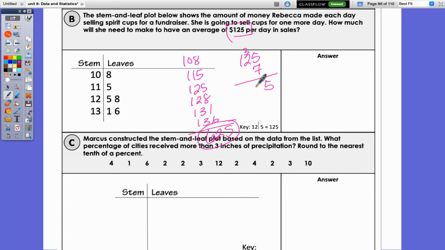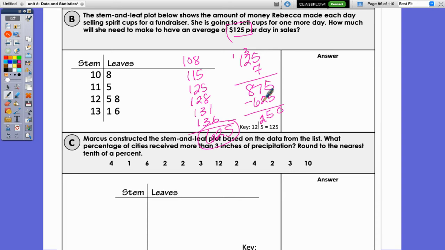I need 875. In order to find this missing piece of data, you need to subtract how much you've already sold from 825, and you find out that she has to sell 250. Does that seem right? That seems a lot.